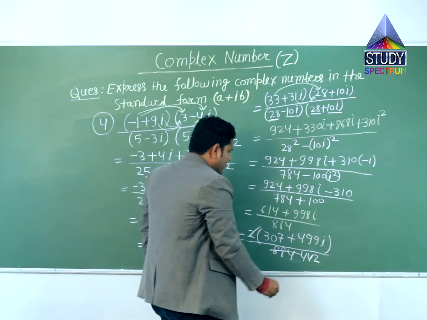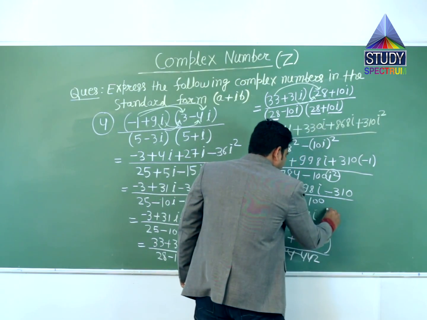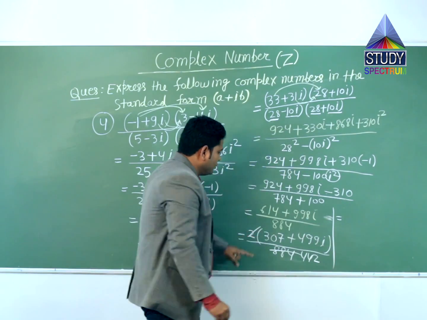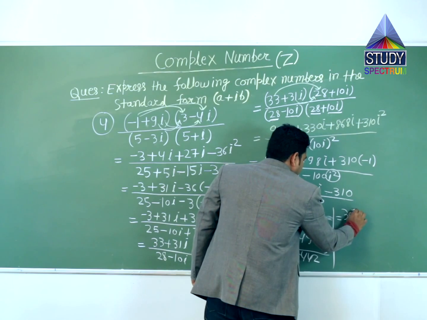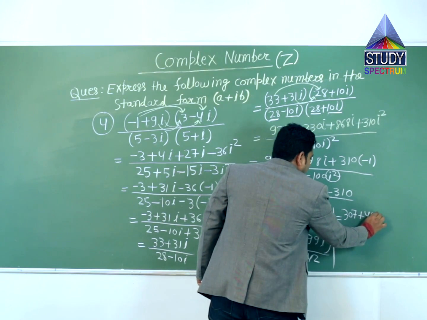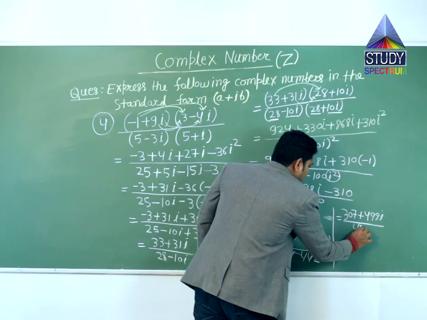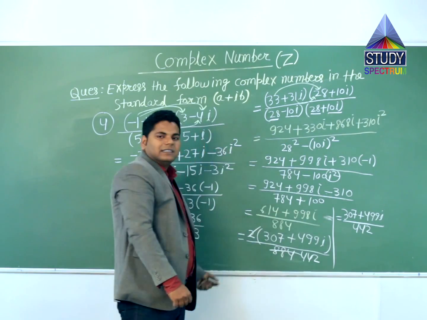Okay. So the answer will be 307 plus 499i divided by 442. Okay. This is in the form.